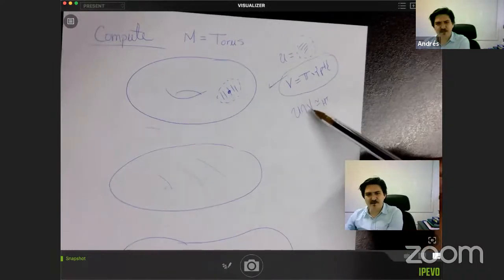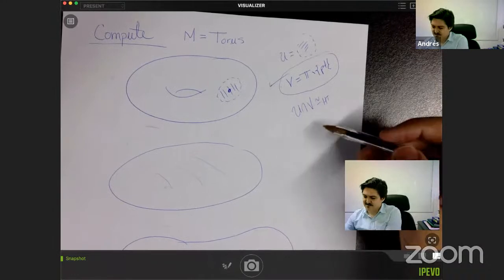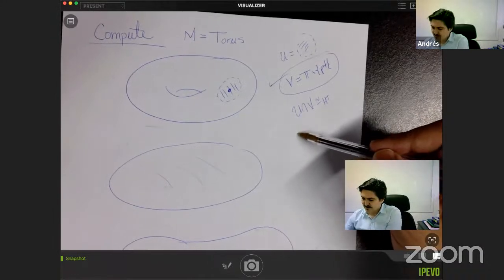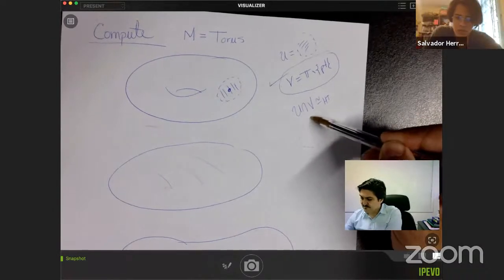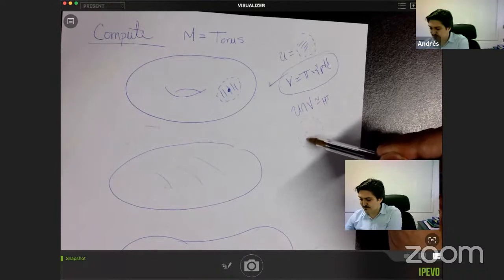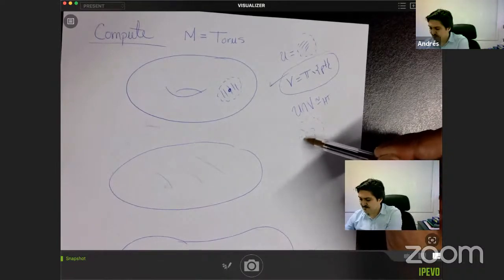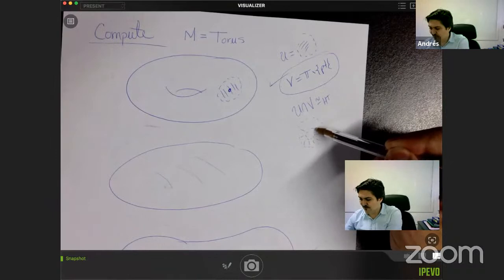What is U intersection V? The disk minus the point. Right, exactly. And what is the homotopy type of that?